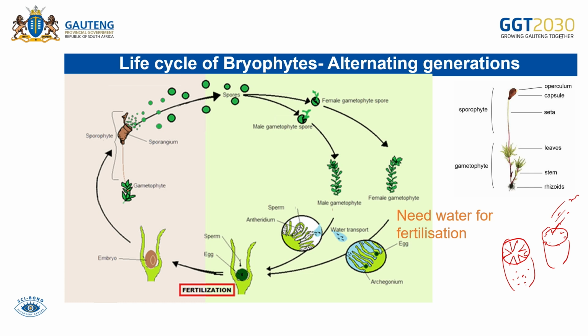And then that embryo will form a foot, a seta, and a sporangium. It's going to form into a small foot like that, a seta, and a capsule like that. And then after that, you're going to have a small little structure like that called the calyptra. So this is the sporophyte generation, and it is diploid.